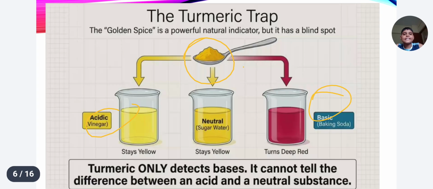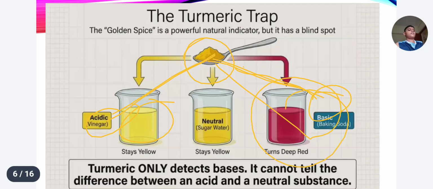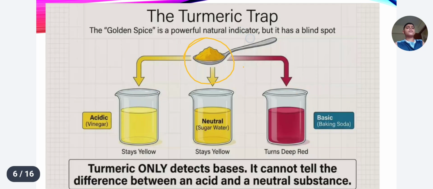So when acid touches turmeric, no reaction happens and it is okay. But if a person who is not a friend touches him, it will be like, why did you touch me? And he changes his color to red.